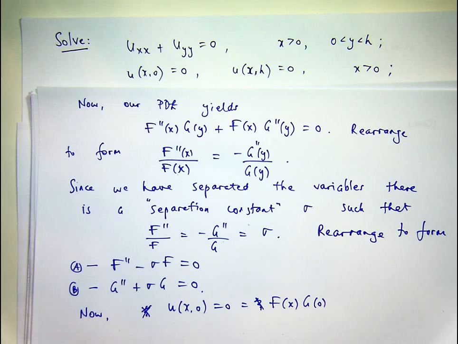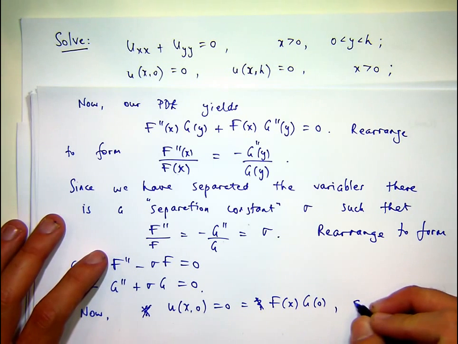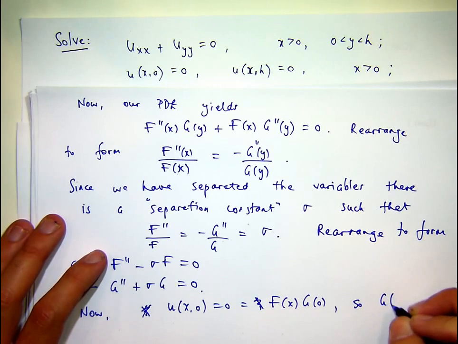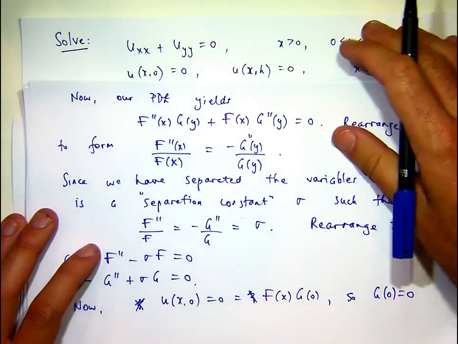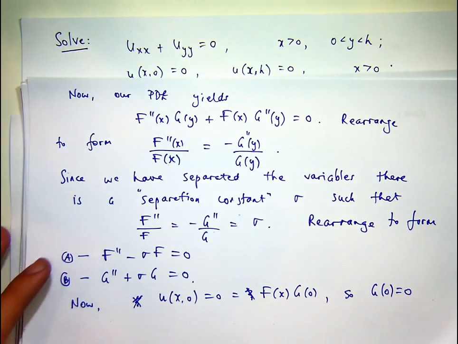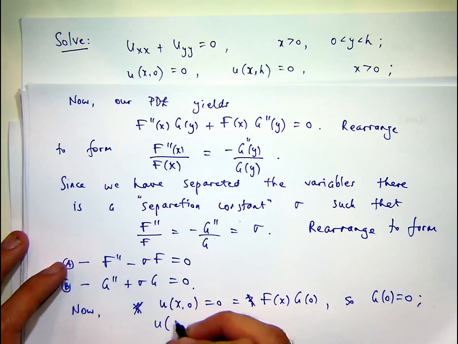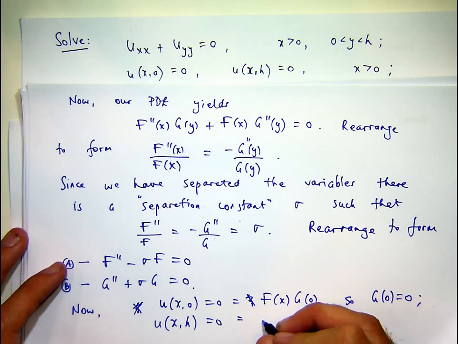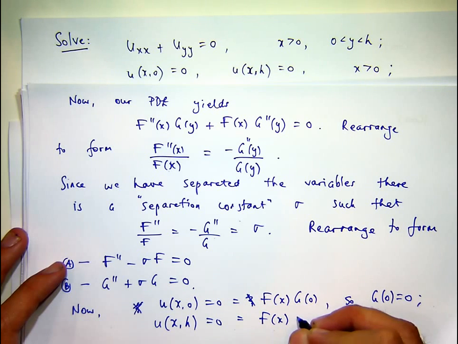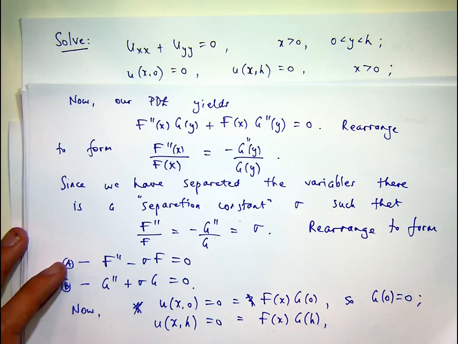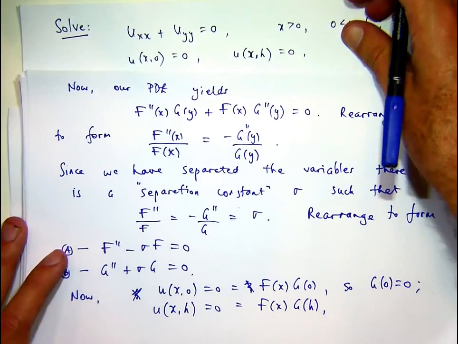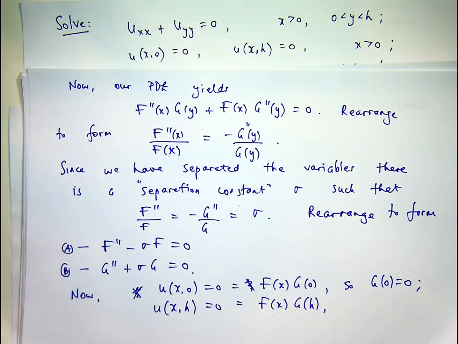Okay, so we get some condition involving big G of 0. What about the other one? Well, that's just, okay, so in this context, again, big F is identically equal to 0 or big G of H is 0.